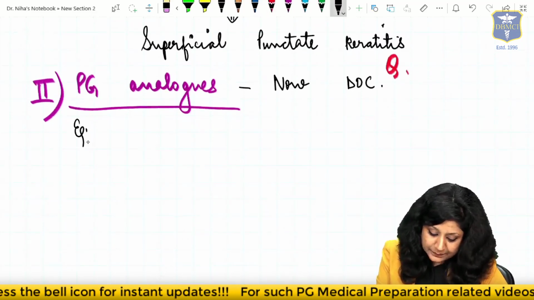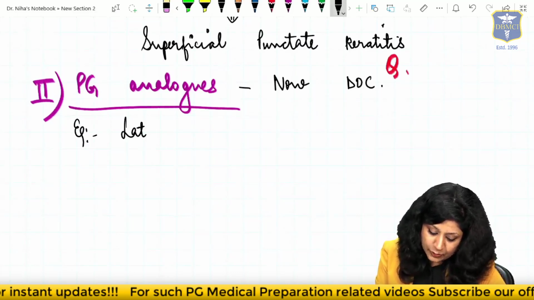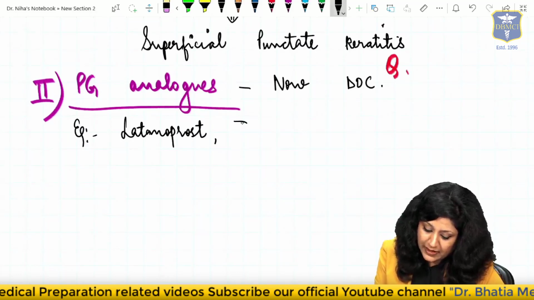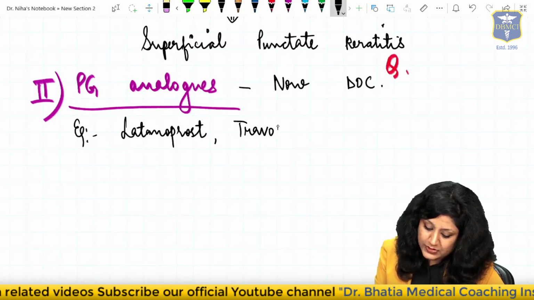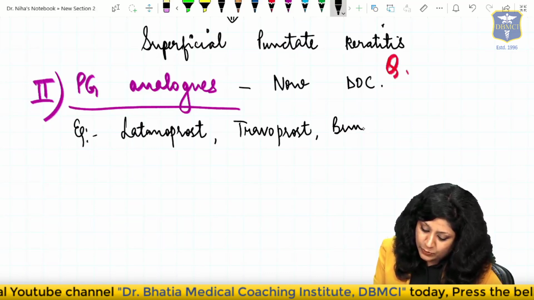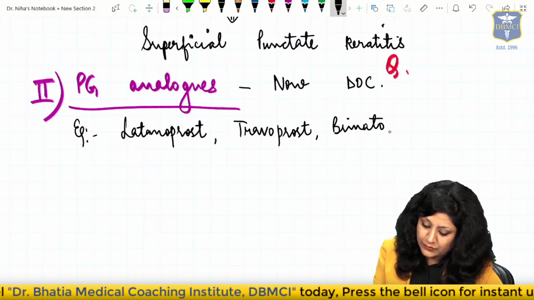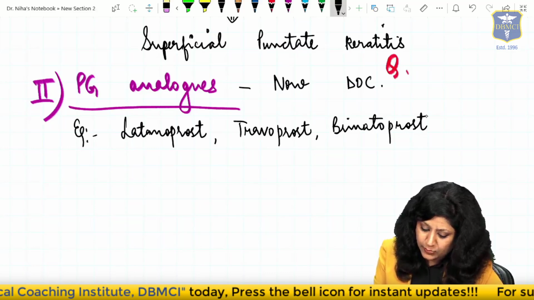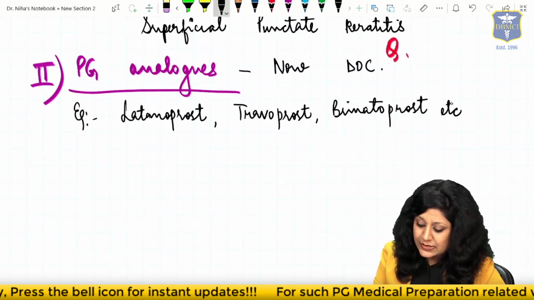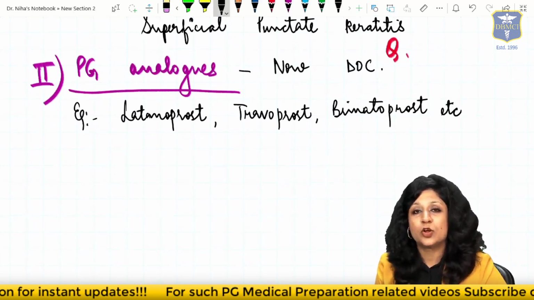For example, we have latanoprost, travoprost, and we also have bimatoprost. Latanoprost, travoprost, bimatoprost, etc.